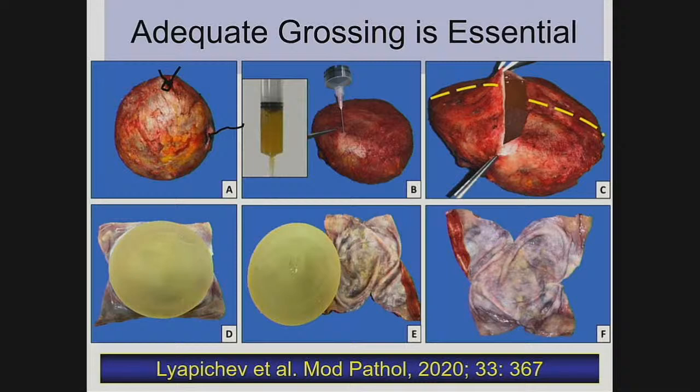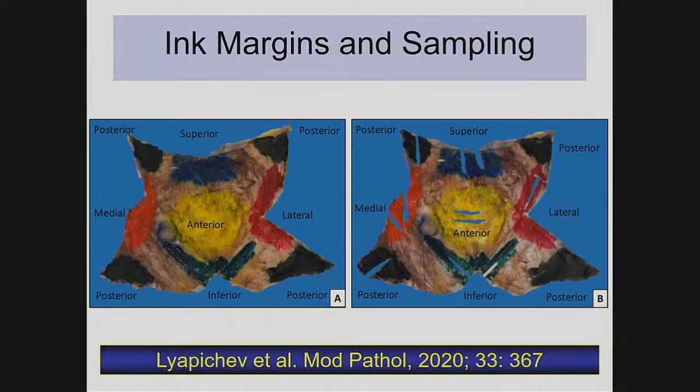Then we open the capsule sequentially in different axes, and then the implant is exposed, and then the implant is removed and the capsule remains, and we make additional sections to have this flat and get it fixed. So this is after it's fixed, and then we ink the margin with several colors to keep the orientation of the specimen, and we take several sections.